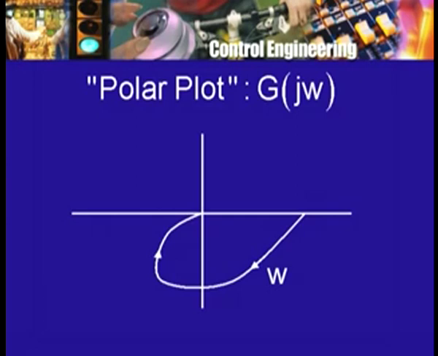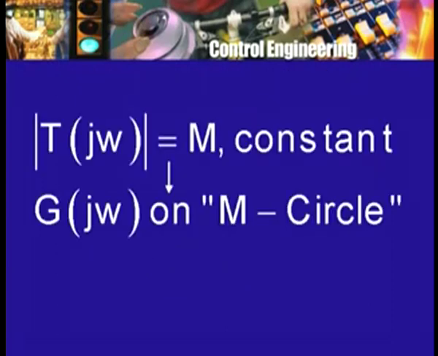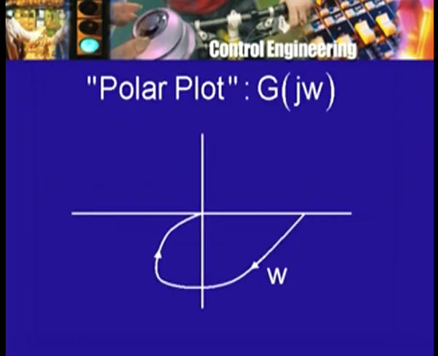there is a value of G(jω) and a corresponding value of T(jω), and therefore a corresponding value of the gain. Now, what you do is you look at all those points in the complex plane which will correspond to a given value of the absolute value of T(jω). That is what you do, or what you think of is the following. Of course, this is a particular polar plot.